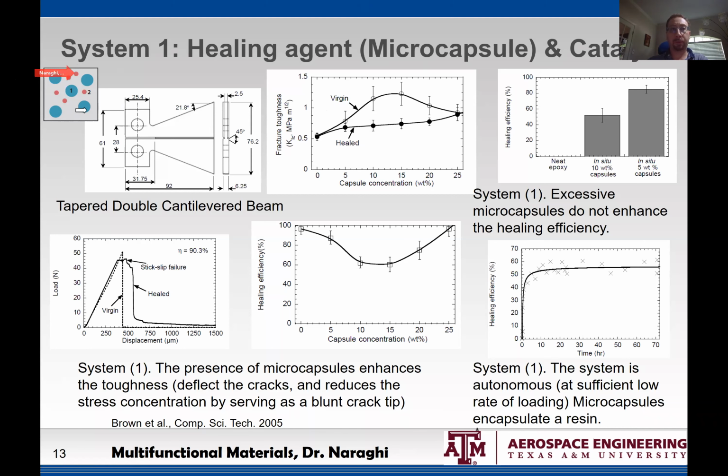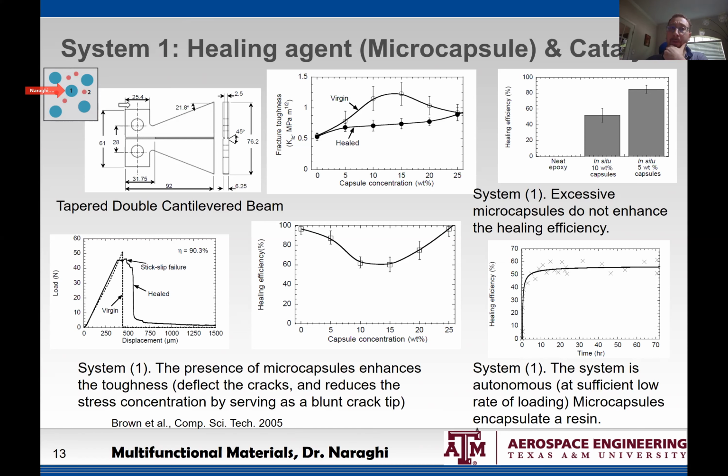The blue is a liquid with a solid shell, and when the crack propagates through the material, it releases the blue, which then comes in contact with the catalyst, and the reaction takes place.